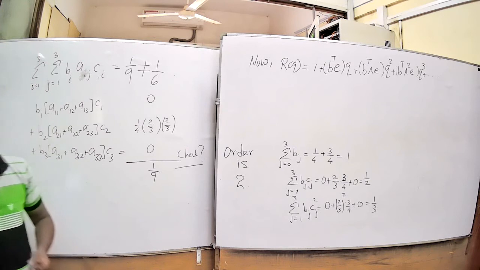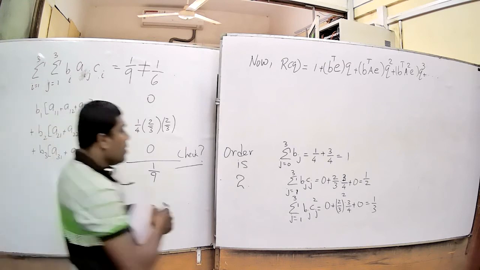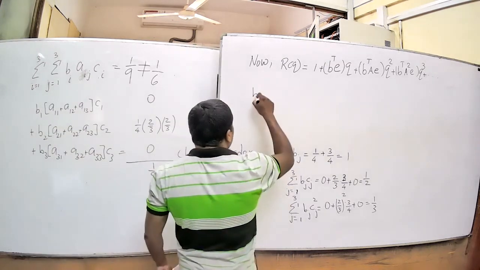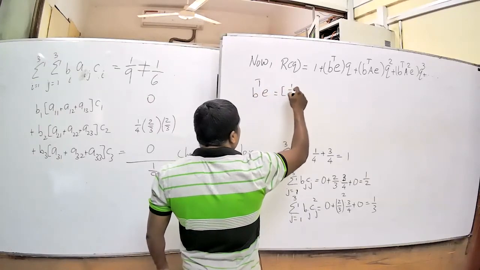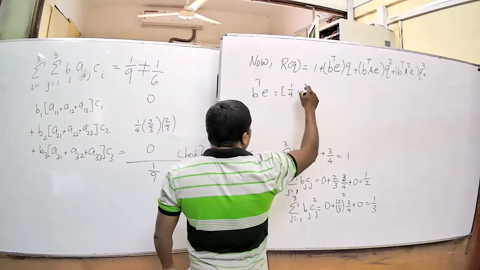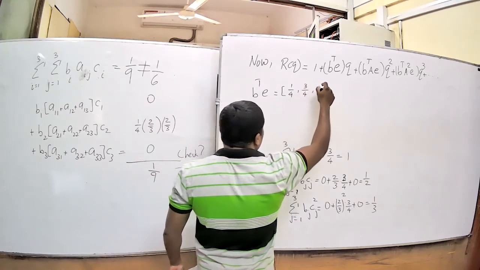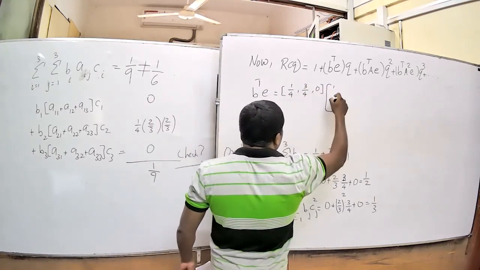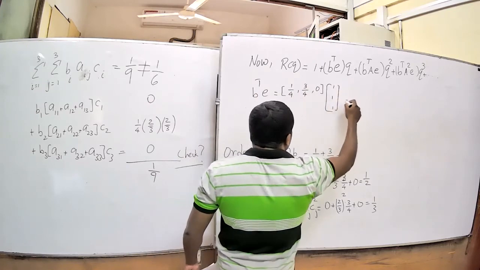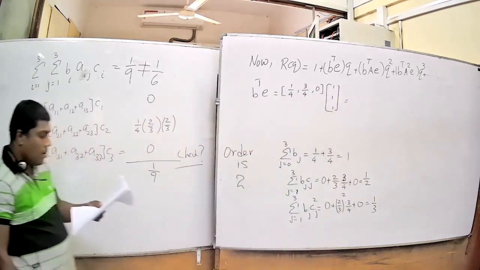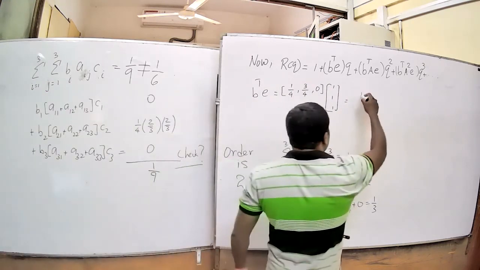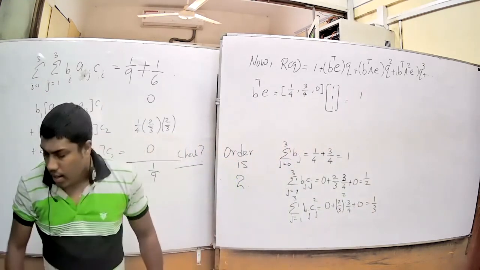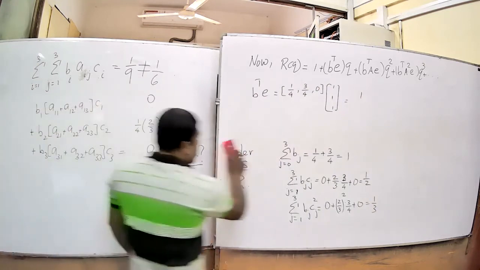So B transpose E, let me write down 1 and then you can find the rest. B transpose is this, so I have this 3/4, 0. E is 1, 1, 1. So if you do this, you get 1.